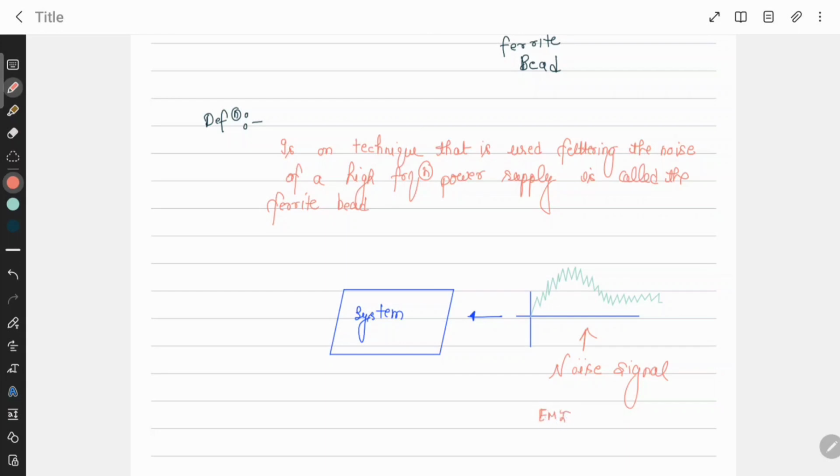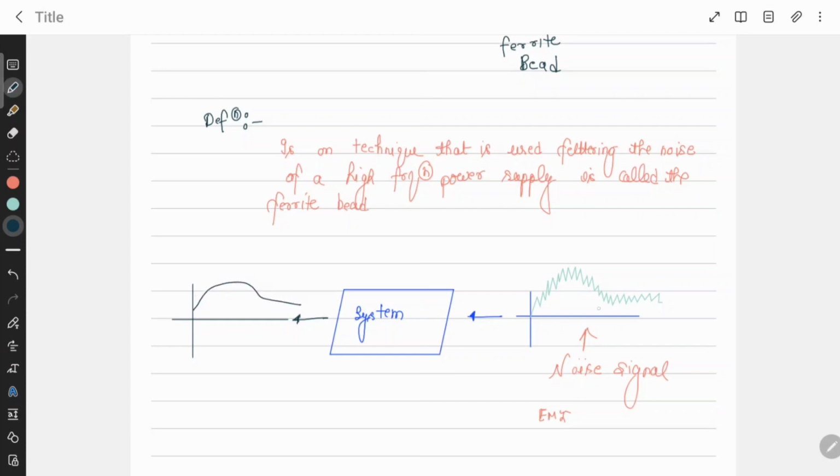This noisy signal is applied to the system, and we get the output with filtering. After the filtering we get a wave like this.